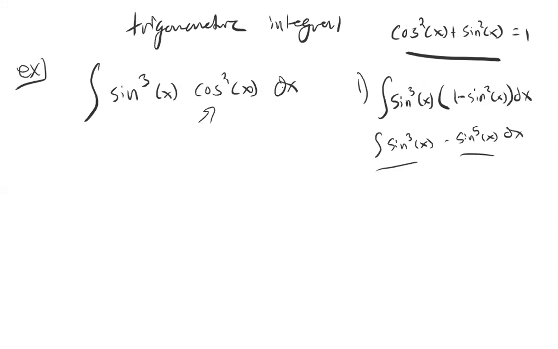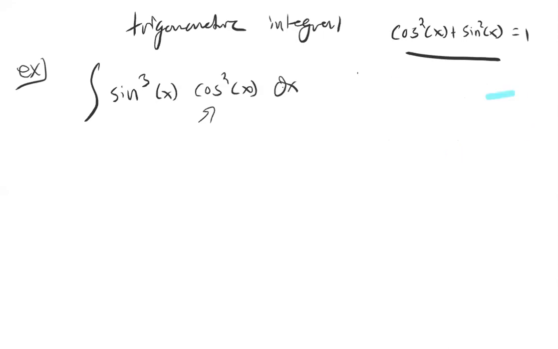So let's scrap that. Let's try the other way. Generally, one of the approaches is you factor. So let's say we take out a factor of sine. We have sine of x times sine squared of x, cosine squared of x, dx, right? And let's try to apply our Pythagorean identity here instead. Let's see what happens.